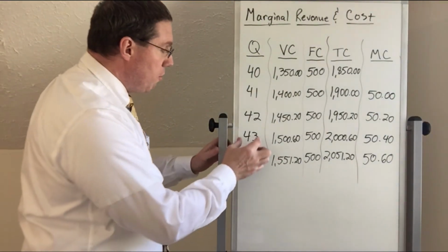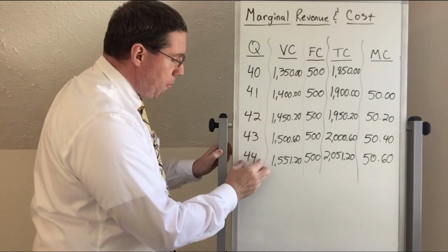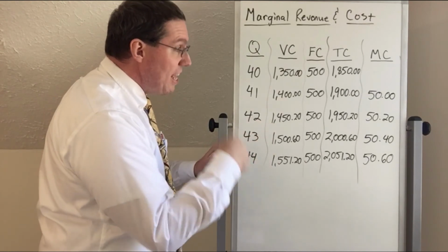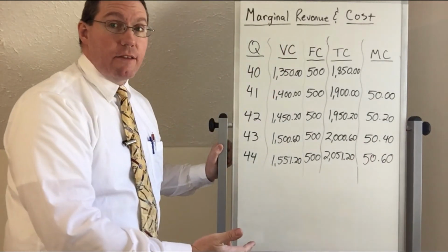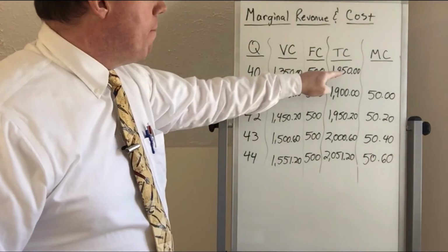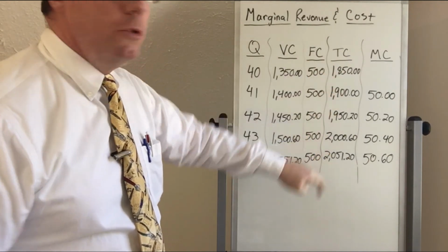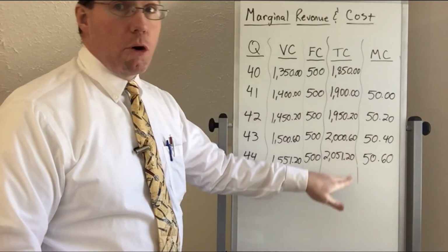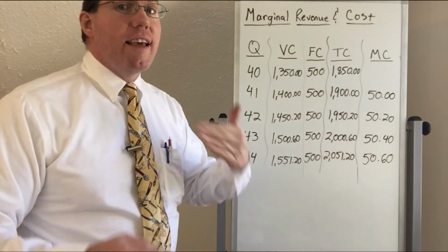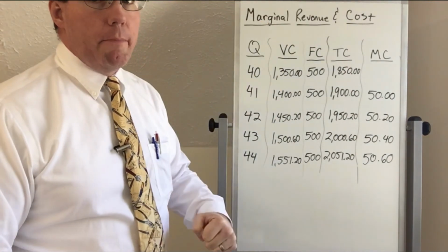If I want to produce, instead of 43, I want to produce 44, the added cost goes up by another 20 cents, which is then going to cause my total cost to not just increase. It will increase if I just add a number on. It's increasing in bigger and bigger jumps.